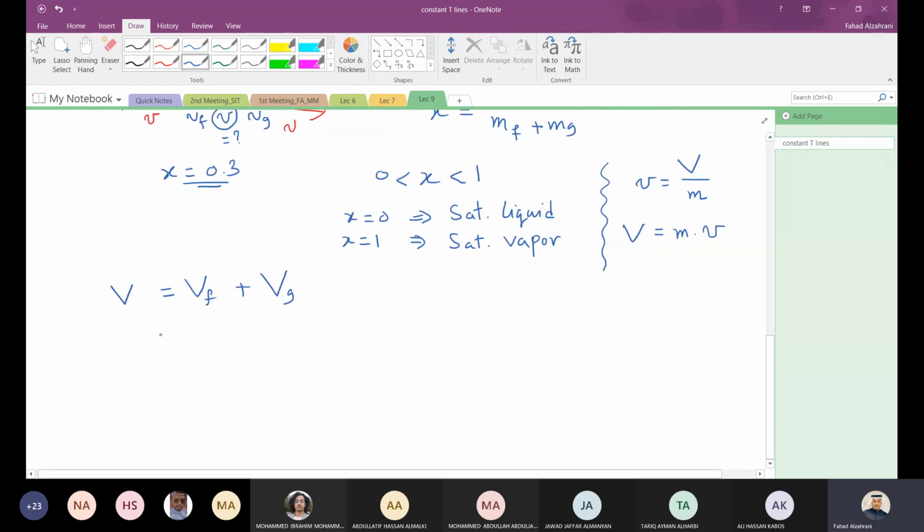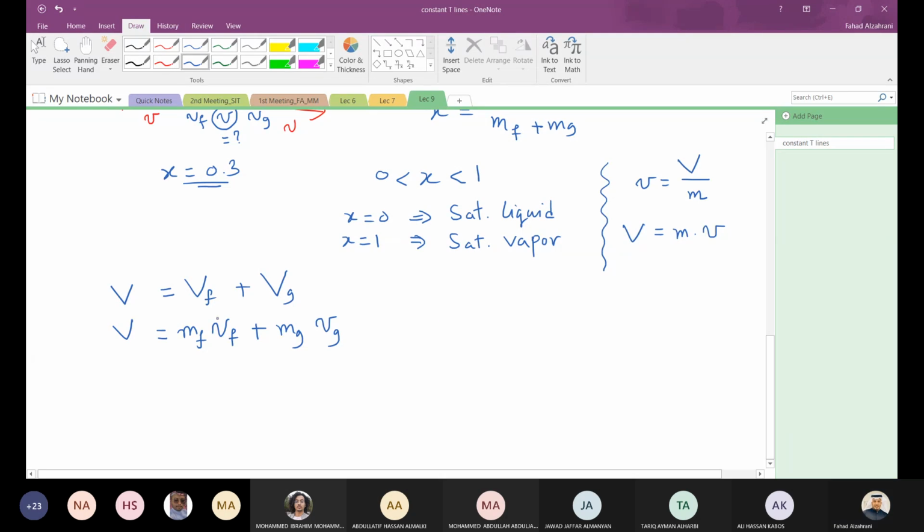Let's write this here. I have the mass of the liquid times the specific volume of the liquid, which is Vf, plus the mass of the vapor times the specific volume of the vapor. Now, if I want the specific volume of the mixture, what should I divide by?